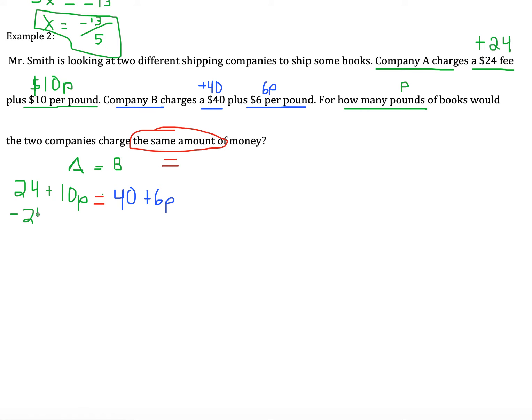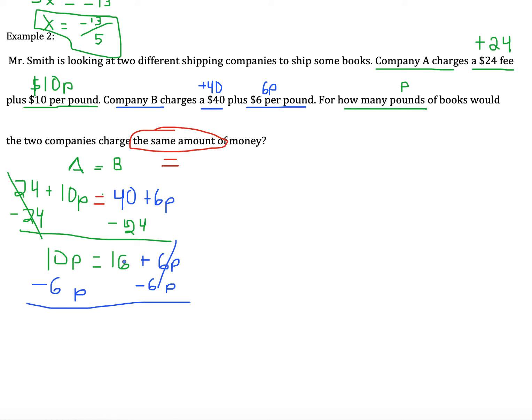I like to have my numbers on my right side and my variables on my left. So 10p equals 40 minus 24, which is 16, plus 6p. I subtract 6p from both sides. Use that subtraction property of equality. And then get 10p minus 6p, which is 4p.